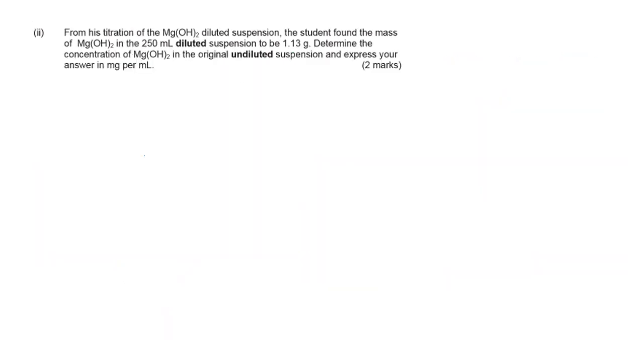So part 2 requires you to look at the other sample that you had, and they've cut a lot out of it and basically said that the mass of magnesium hydroxide from that sample was 1.13 grams. Okay, so what do you do with this? Right, so you do the same thing. Volume is mass on density.